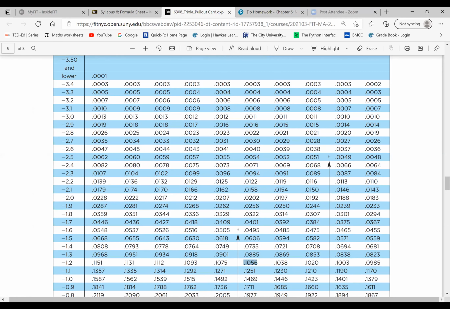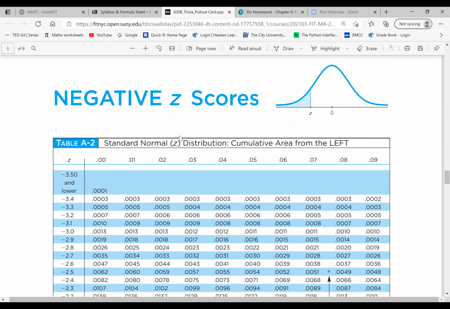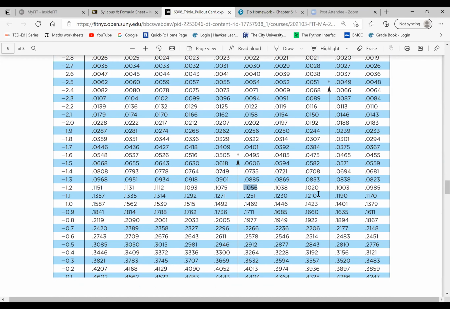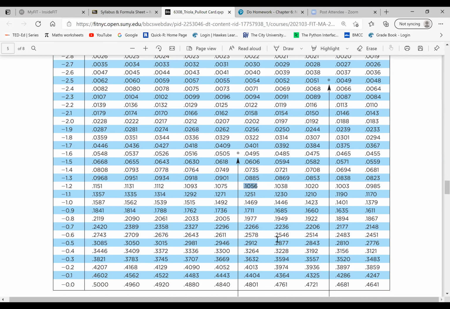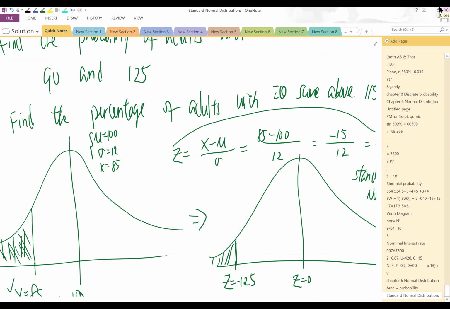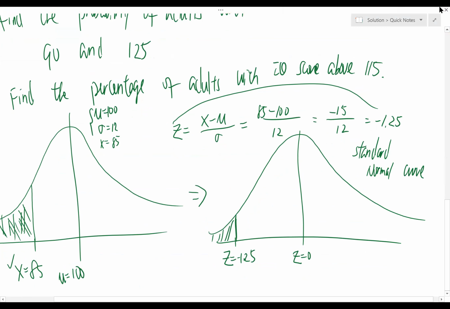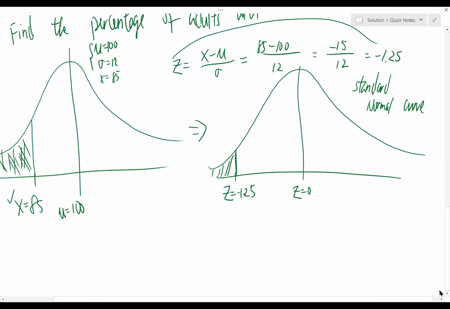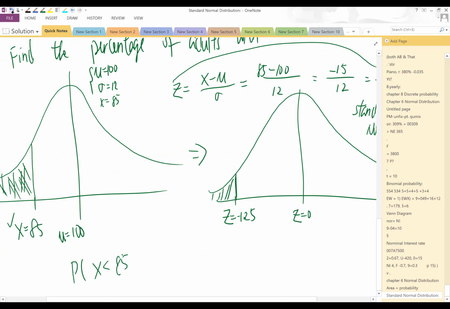All right, so basically you find the answer because the table gives us the area to the left. That's exactly what we're looking for. So we got that 0.1056. If you go back, the answer here should be the probability for the IQ score x less than 85, right?